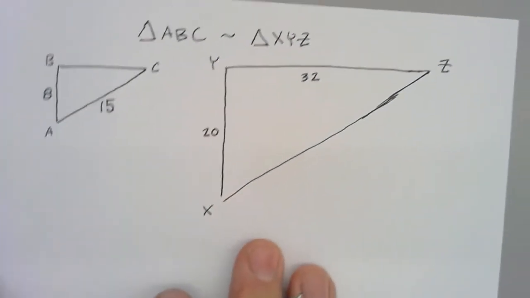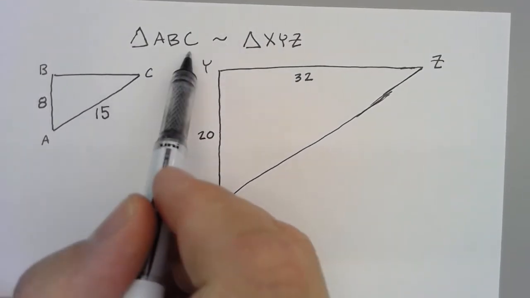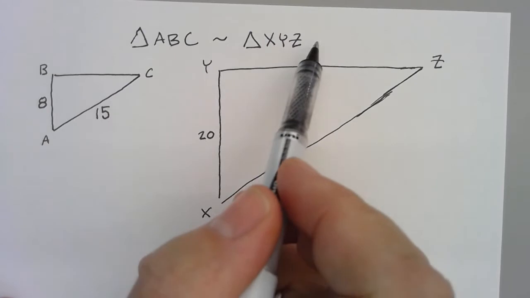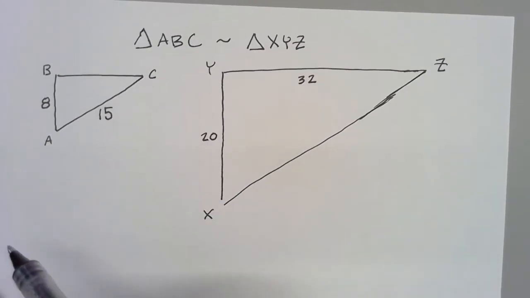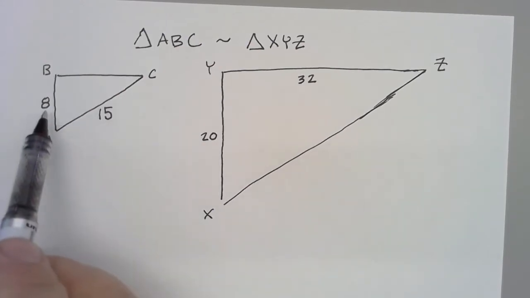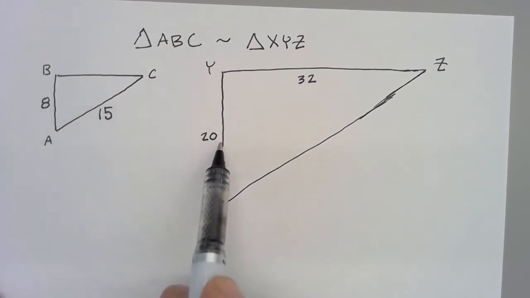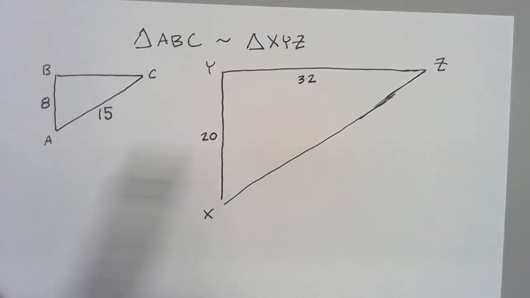So when I say corresponding sides are proportional, let's look at this. Here I have those triangles again. Triangle ABC is similar to triangle XYZ, and I've added some measurements here. What I mean when I say corresponding sides are proportional is that if I take a ratio of corresponding sides, it's always the same.